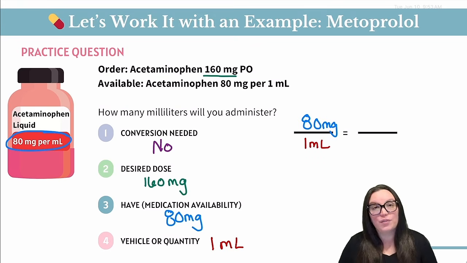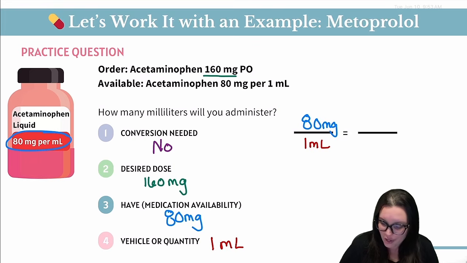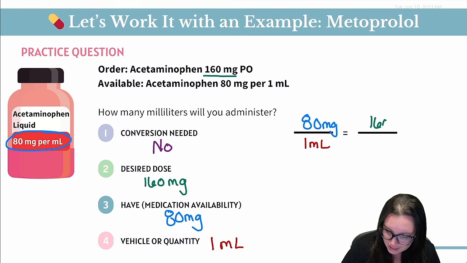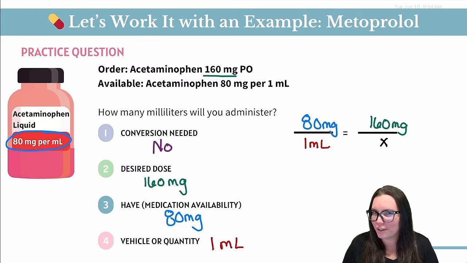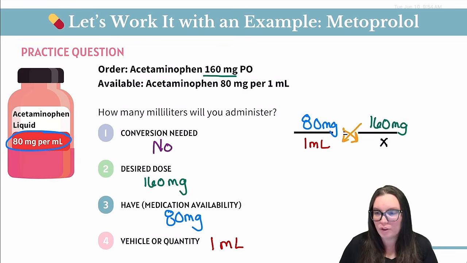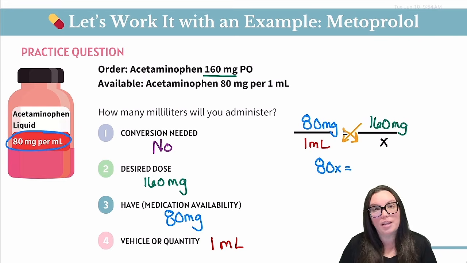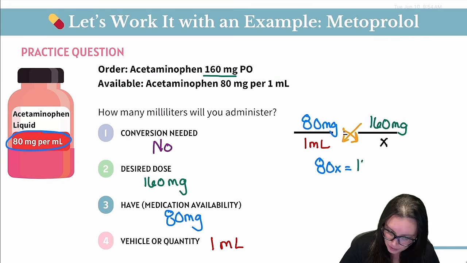And then our next fraction is what do we need to give? What is the provider ordering? So we know that we need to give 160 milligrams, and we're unsure of how many mLs we're going to give. So we're going to do a little crisscross applesauce, as we always do. Our first one is 80 multiplied by X is going to give us 80X. And then we've got 160 multiplied by 1 is going to give us 160.